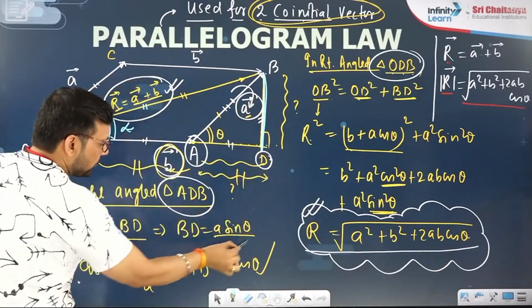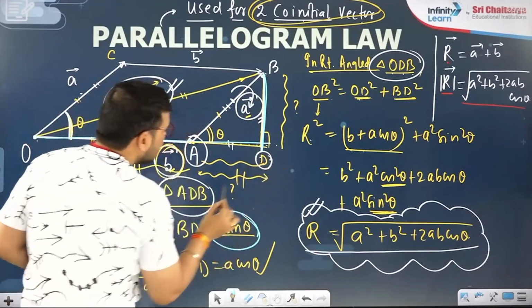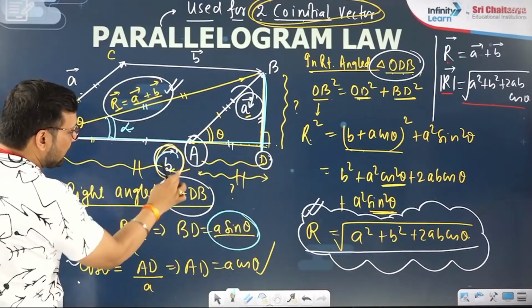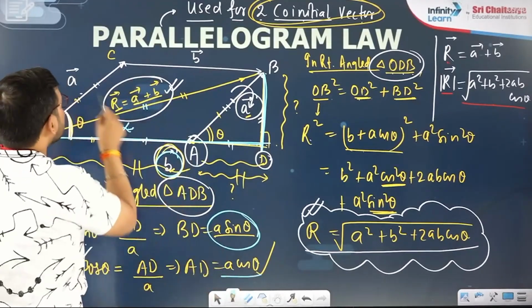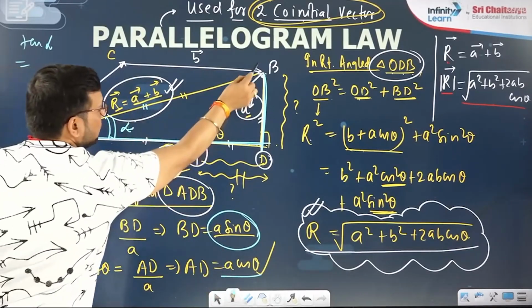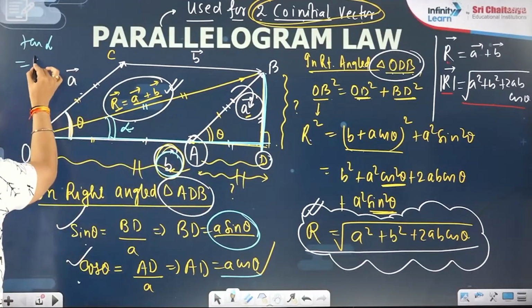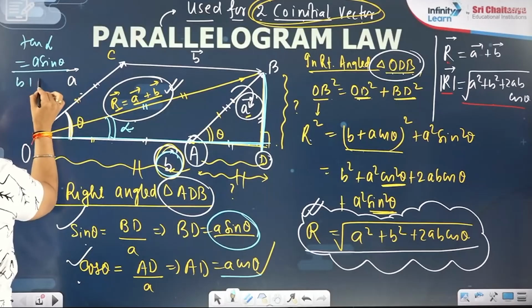BD value we have calculated as A sin theta. For this alpha, base is this total. This total value will be B vector plus AD. AD was A cos theta. So what will you write in this diagram? What is tan alpha? Tan alpha is perpendicular. What is perpendicular? A sin theta by B plus A cos theta.